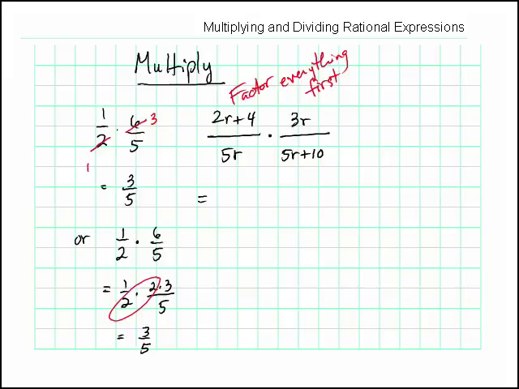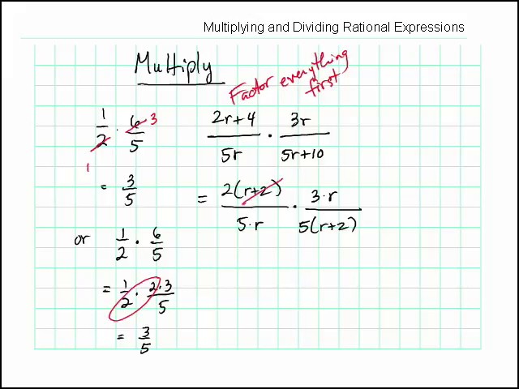I can factor a 2 out of the numerator here, and that leaves me with r plus 2. 5r is just 5 times r. 3r is just 3 times r. And in the denominator here, I can factor out a 5. That leaves me with r plus 2. Everything is completely factored. I can now cancel, or some books call it cross-canceling.